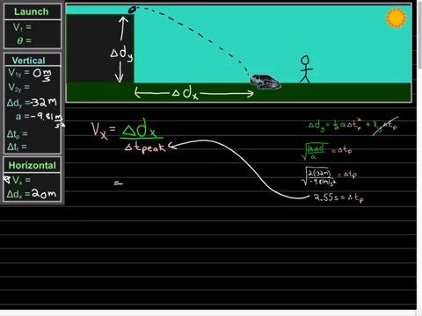So, the horizontal distance was 20 meters divided by a time of 2.55 seconds. 20 divided by 2.55 equals 7.84 meters per second.